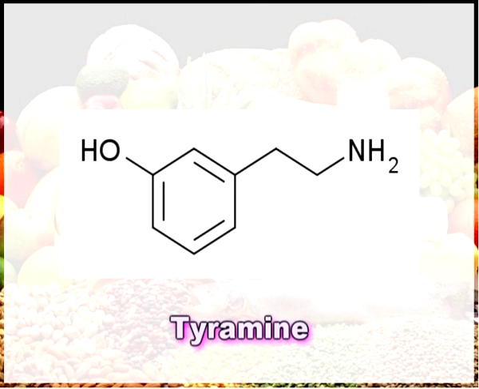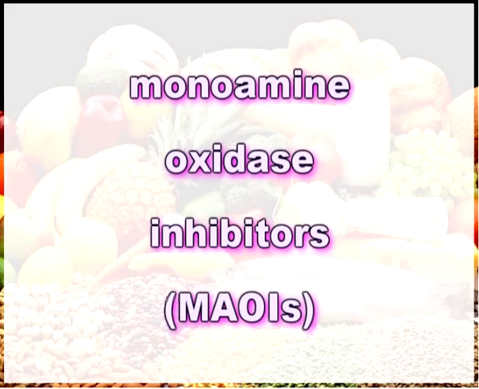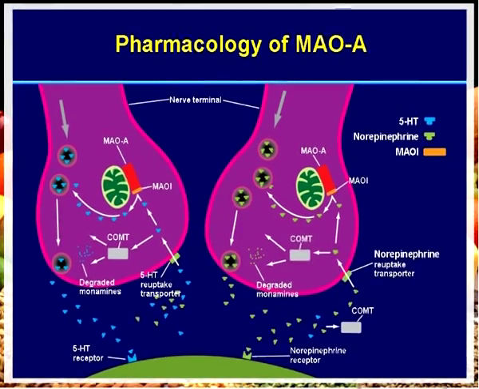Now, let's discuss monoamine oxidase inhibitors and tyramine containing food. It is well known that tyramine present in some foodstuff may reach toxic concentration in some patients taking monoamine oxidase inhibitors, or MAOIs.